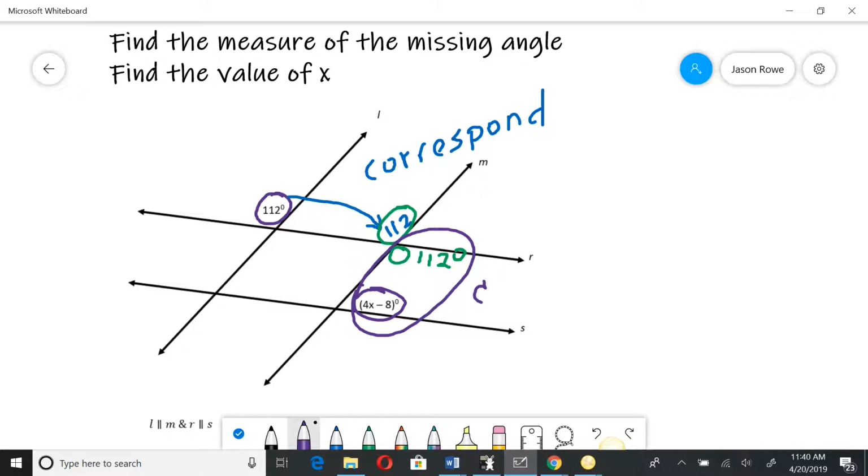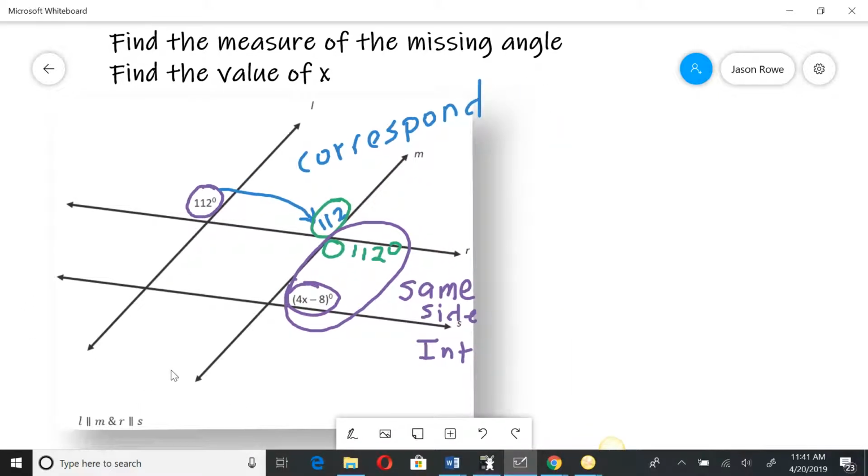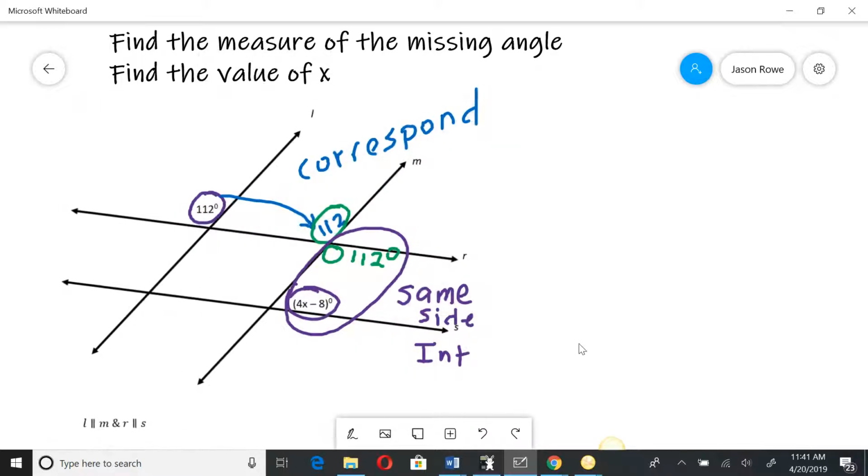We didn't use the word consecutive, we use same side. So these are same side interior. Same side interior angles are supplementary. So we know that those two angles together have to equal 180 degrees.